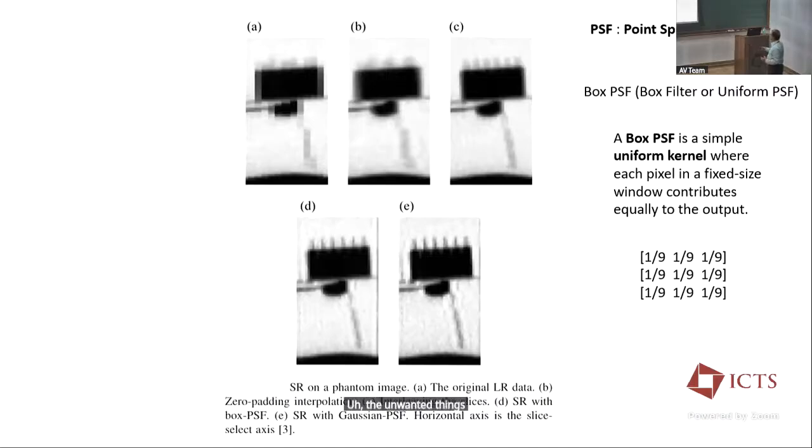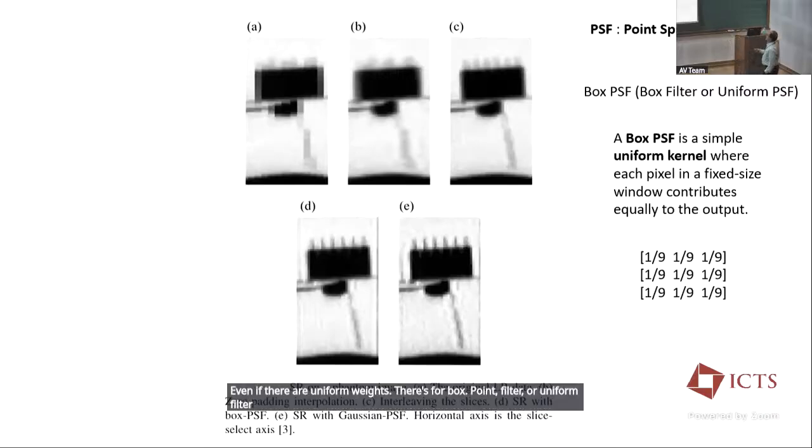You filter it out, and this is a uniform filter because everywhere there are uniform weights. Therefore, the box PSF or uniform filter is a standard filter used for improving a low resolution image. Box PSF is one of the methods here.